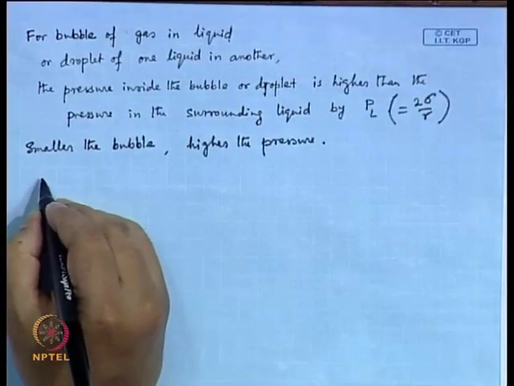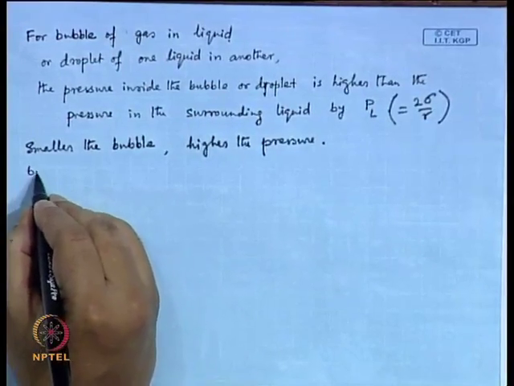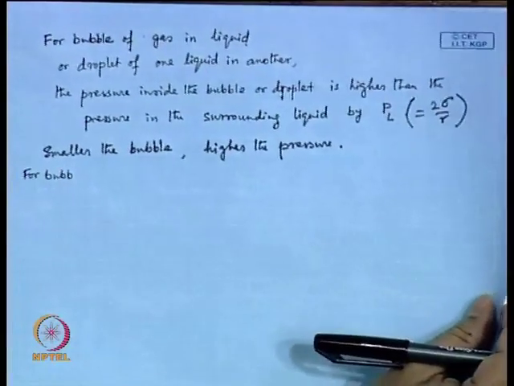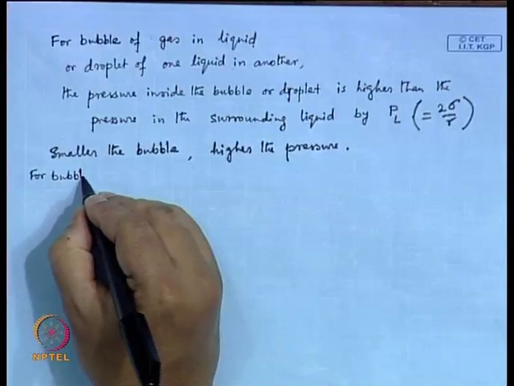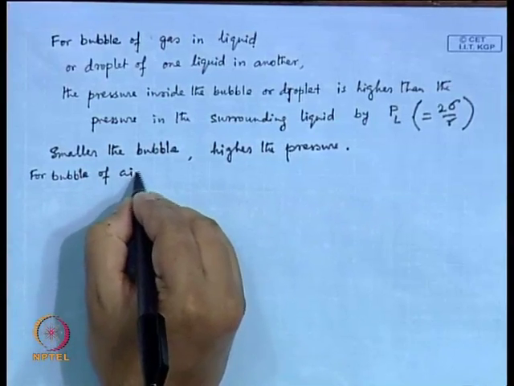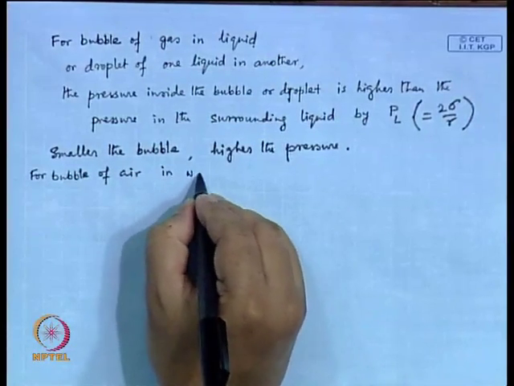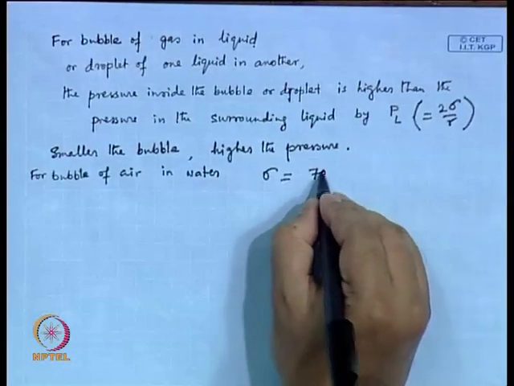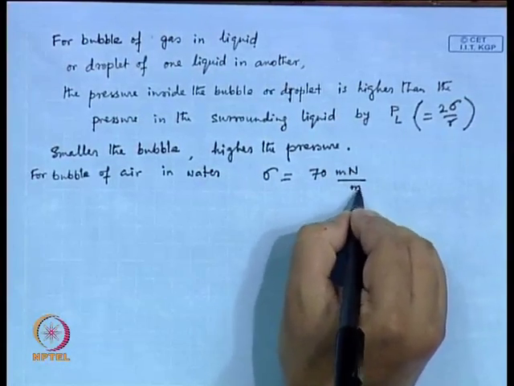So, if somebody assumes a bubble of air in water, you can assume sigma to be equal to 70 millinewton per meter.